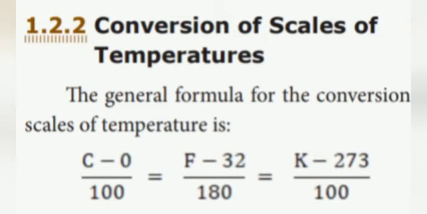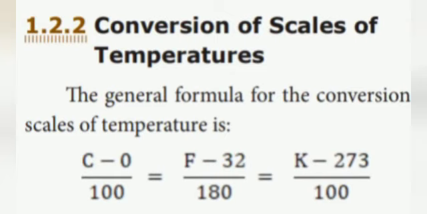Conversion of scales of temperature. The general formula for conversion of temperature scales is (C minus 0) by 100 is equal to (F minus 32) by 180 is equal to (K minus 273) by 100.